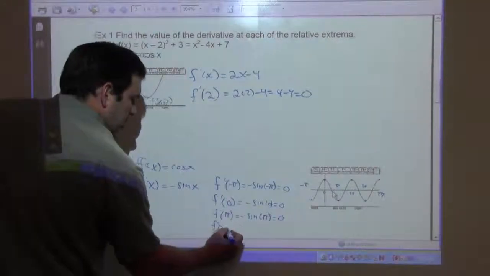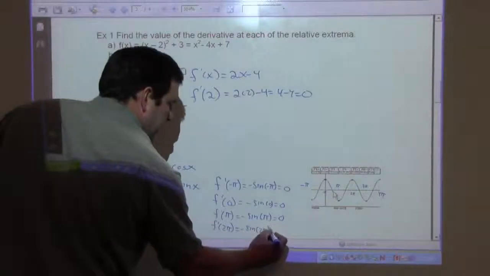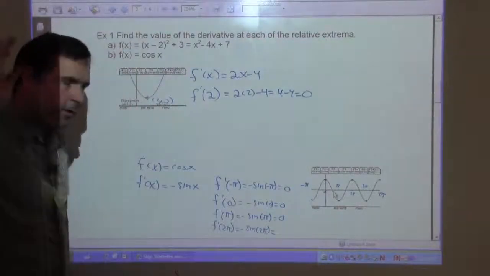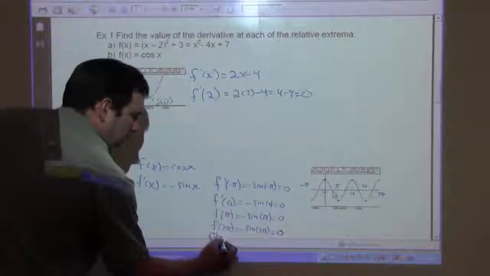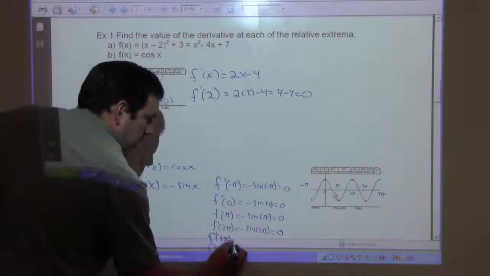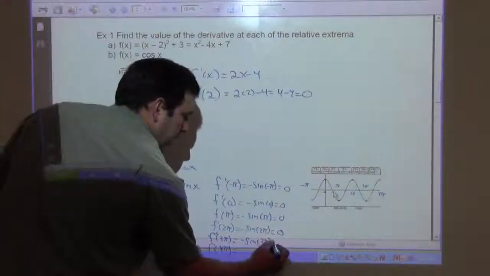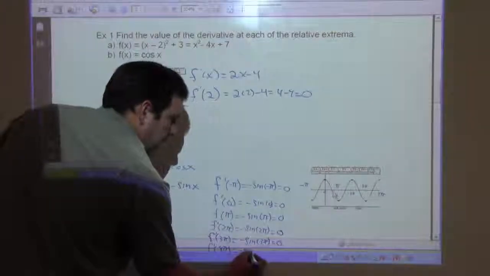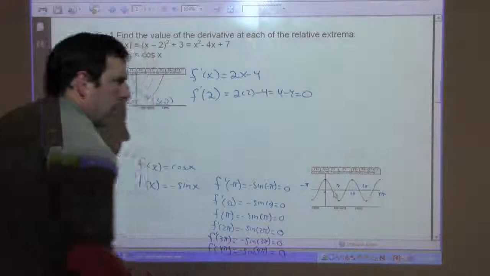F prime of 2 pi is negative sine of 2 pi, which is, any guesses out there? Let me hear you say it. Very good. 0. In fact, f prime of 3 pi and f prime of 4 pi, negative sine of 3 pi, that's 0, negative sine of 4 pi, that's still 0.